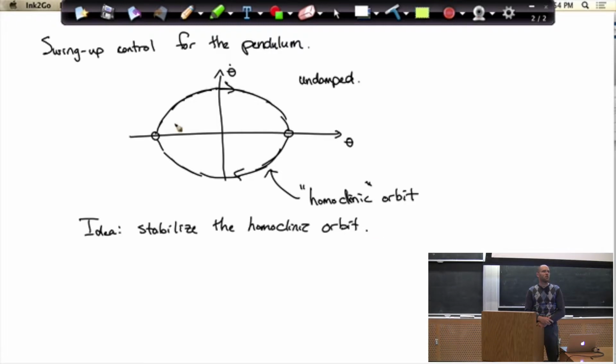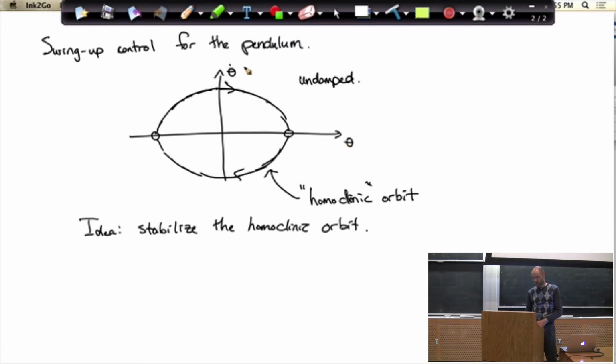So if I had to write an equation down for that orbit, how would I write that down? How is that orbit defined? What's the natural description of that orbit? Well, it's actually not a circle. Maybe if you put it in the right coordinates you could say that, but in my theta versus theta dot, it's not a circle.